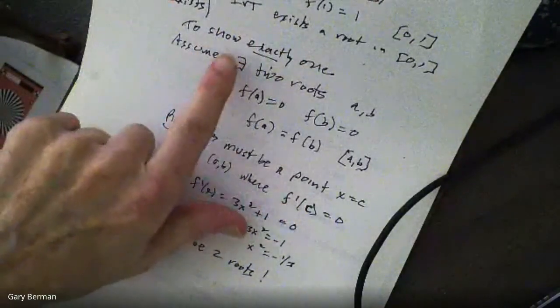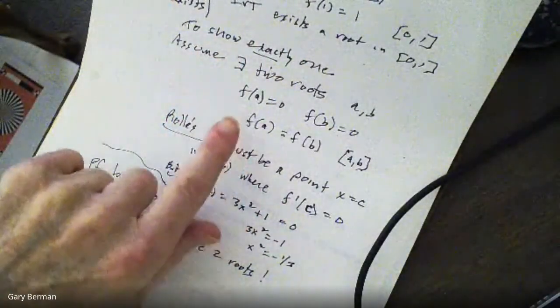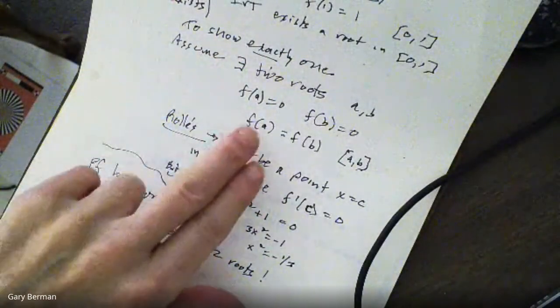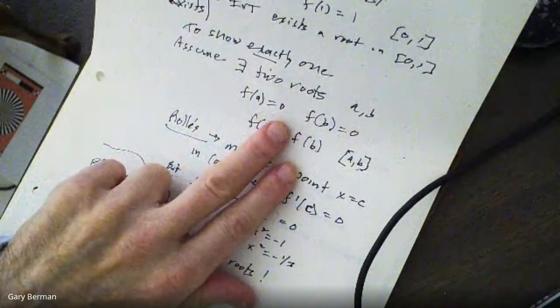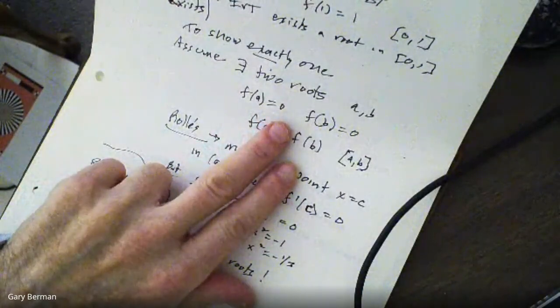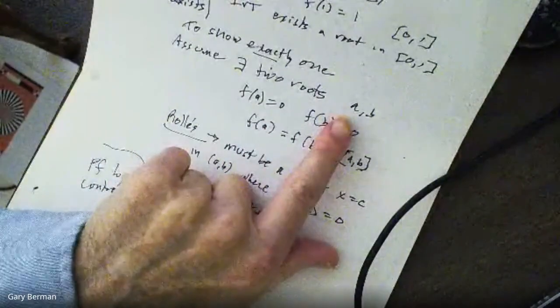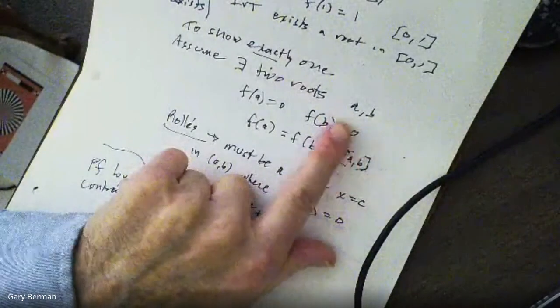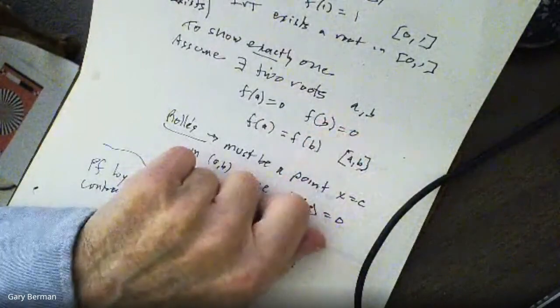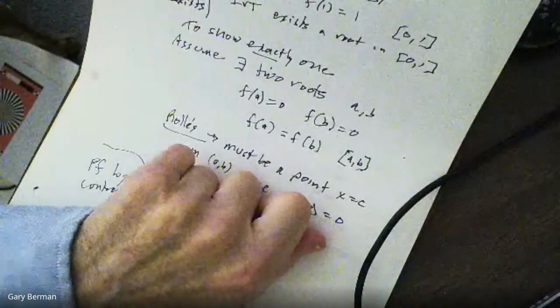I'm going to try to ultimately show there can't be two roots. The way I do that is I'm going to assume there are two roots and show that that causes trouble. Okay, that much you got, right? Yeah. Okay, we're going to call the two roots x equal a and x equal b. The point a and the point b, those are the two roots, right? Yeah. That I'm pretending exist.